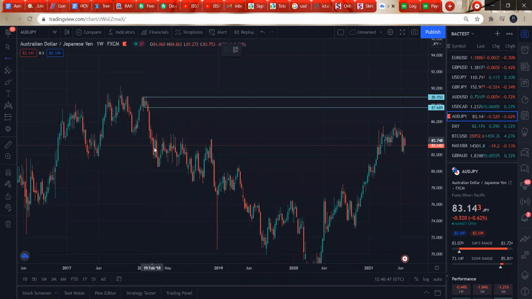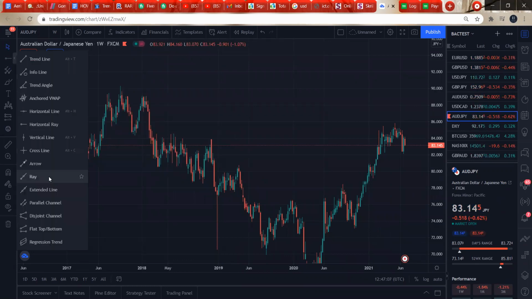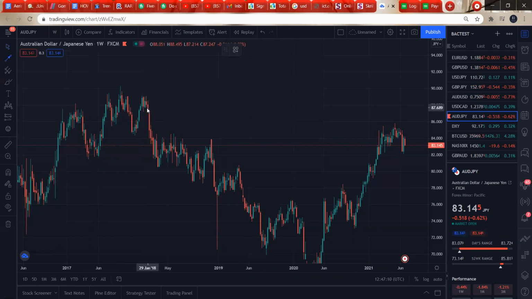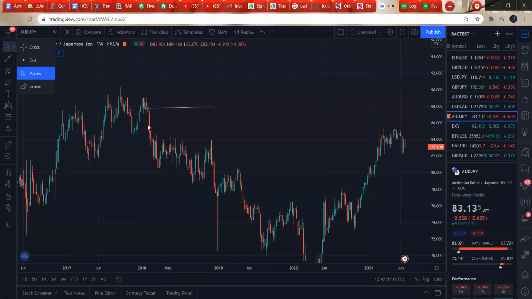And then we had a move down. Now we had a move down, broke this low, then it left an order block there. And then after that, we broke this low, and then there is an order block here. Or let me just do this. Okay. Just want to show you order block there.